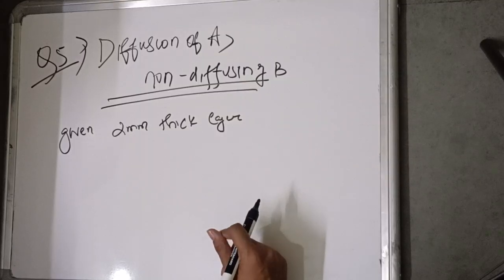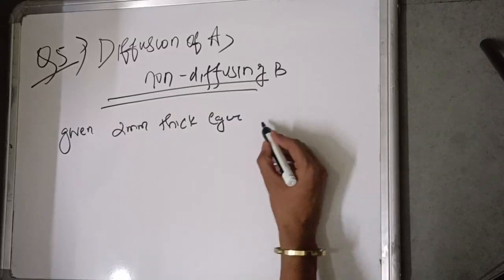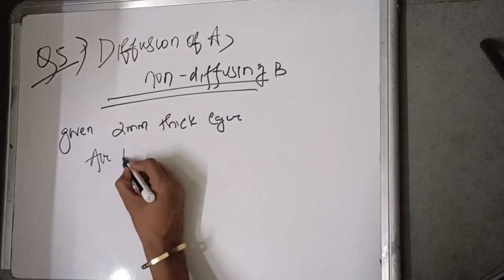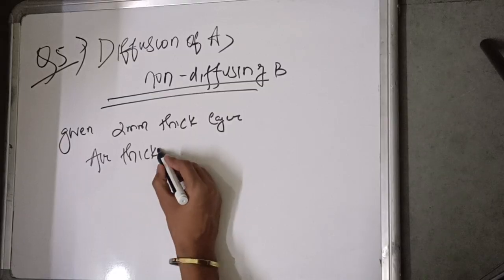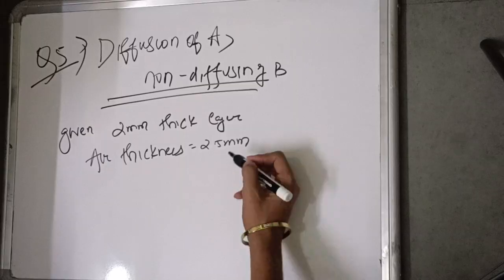Water vaporizes and diffuses through a stagnant film of air of estimated thickness, we have got the air thickness as 2.5 mm, on the water surface.